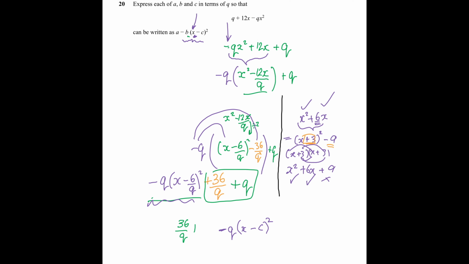I know I've changed everything to green now, but this is purely just to show you that this is my value of A. I was expecting it to be a nice whole number. Just to color code it and keep things nice.